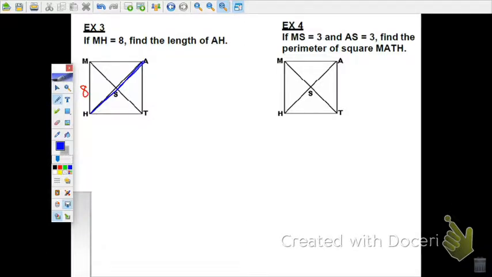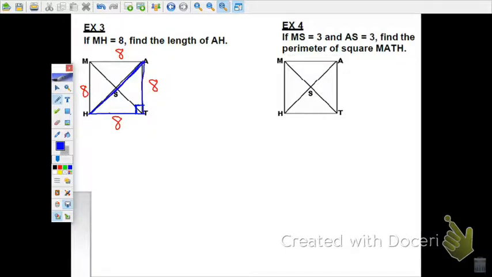They're all 8. And then we're looking for this AH, which is a diagonal. If we look at that diagonal with 2 other sides, we now have formed a triangle. More specifically, what kind of a triangle is it? Right, it's a right triangle.